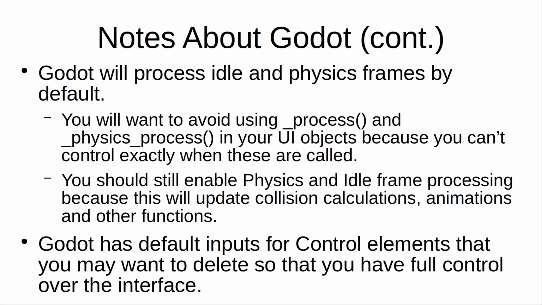So basically, the core aspects of Godot are kind of noodled together a bit. So you don't want to use the process or physics process functions. You want to keep them blank because you don't want them to do anything, but you still want to keep the processing enabled, because if you disable the processing, it will pause things like animations and physics and stuff like that. You don't want that.